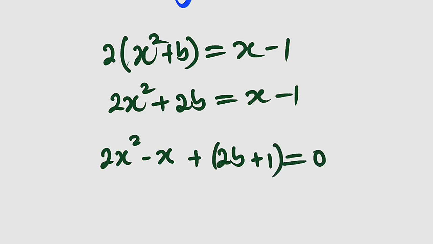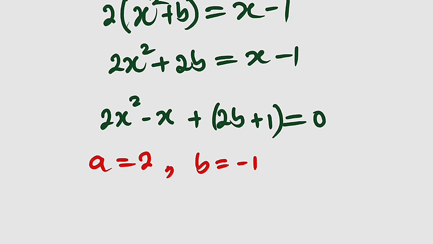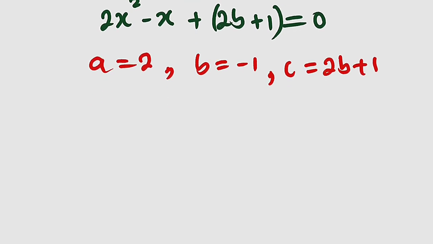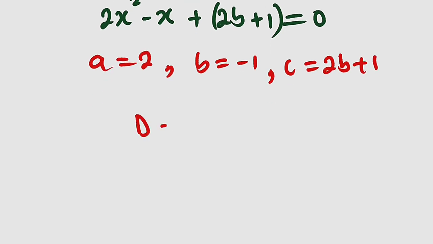These are constants, where a, the leading coefficient, is 2. b, which is the coefficient of x, is equal to negative 1. And c, which is the constant, is equal to 2b plus 1. So remember the discriminant d is equal to b squared minus 4ac, right?